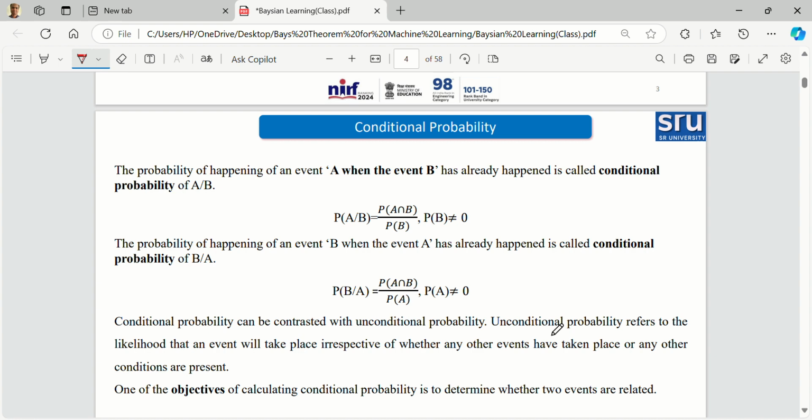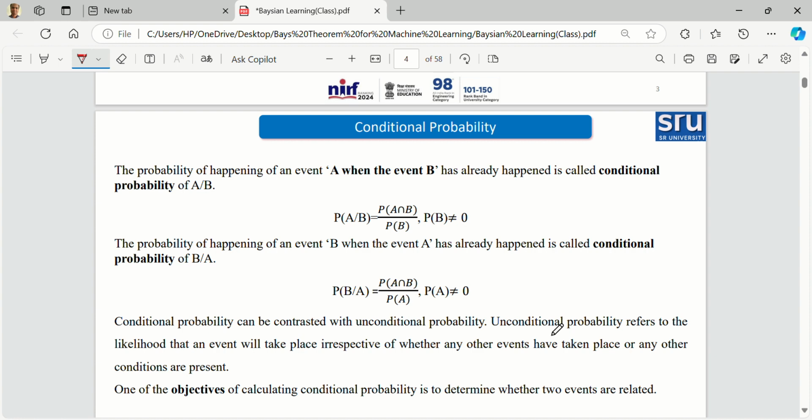We have to calculate the probability of A when the event B is already known or has happened, and this is denoted as A by B. That is, B has already happened, and you have to calculate A. So probability of A by B is equal to probability of A intersection B divided by probability of B. The condition is that probability of B is not equal to 0.